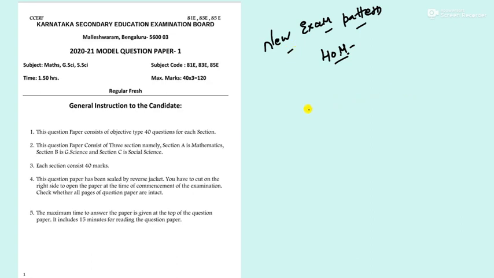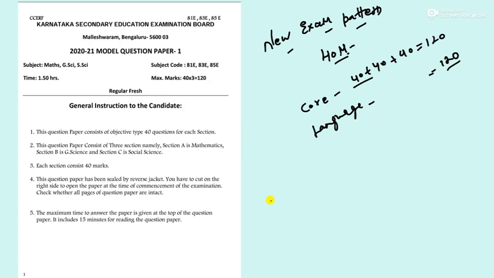As you all know, there will be two sets of question papers only, one for core subjects and the other for languages. Core means math, science and social, each will consist of 40 marks. So the sum will be 120, and for languages also it will be 120. And maybe for first language they may give 50 marks instead of 40.